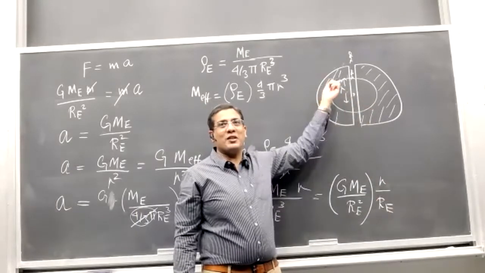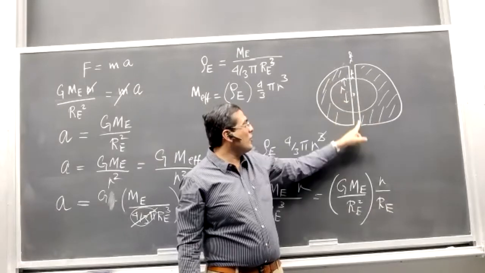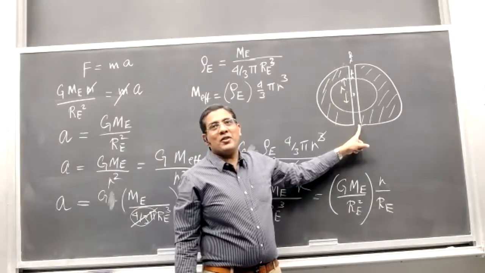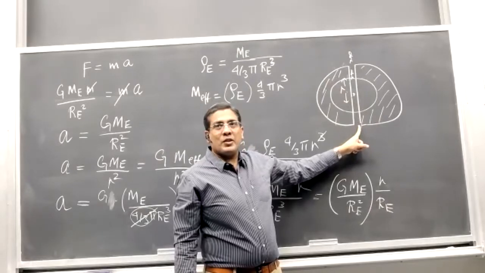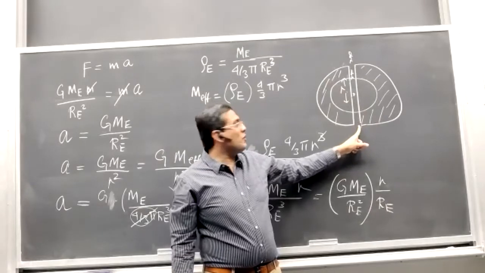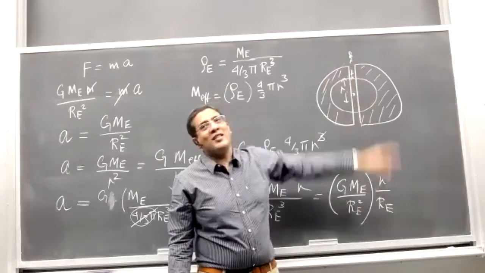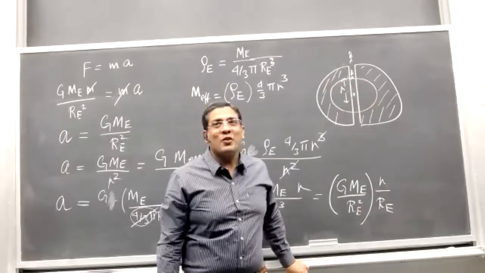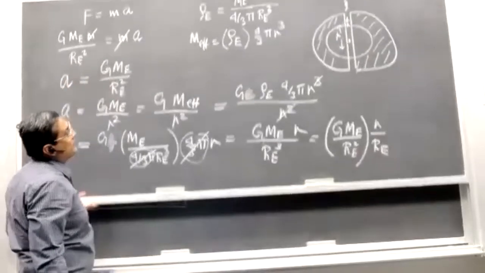So the force inwards is increasing due to the effective mass that is pulling on you. So you slow down, and by the moment you have arrived on the other end of the earth, your velocity is zero. You have slowed down to zero and you start falling down again. And you would be a simple harmonic oscillator going through the center of the earth.